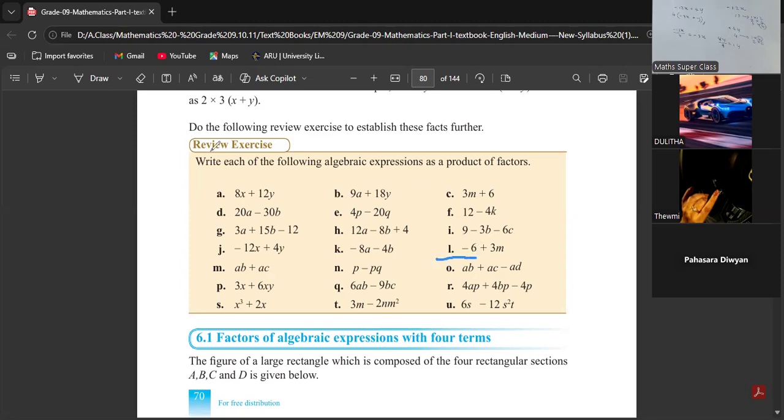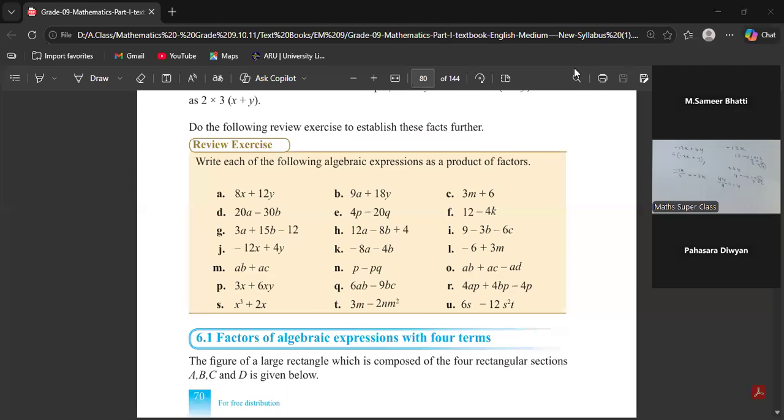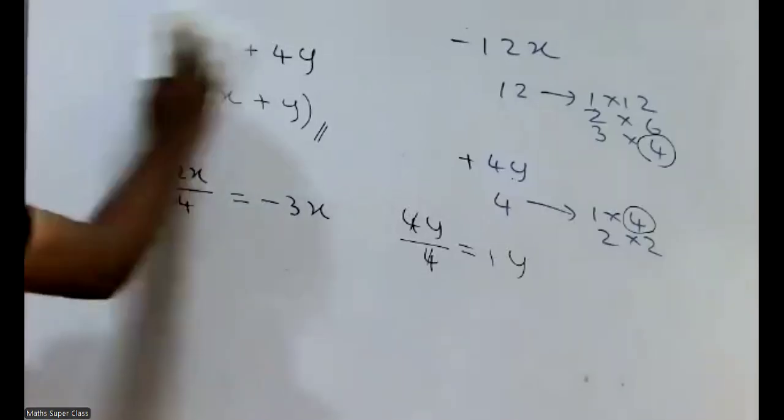Okay, actually these parts are from grade 8. So minus 6 plus 3m, this is our question.